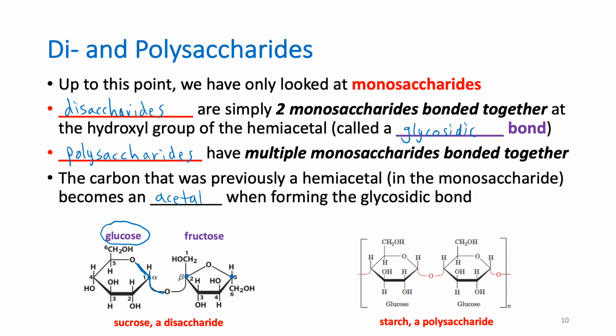Here's starch, a polysaccharide composed of repeating glucose units. You may notice that this anomeric carbon is now an acetal linkage because that no longer is an OH. Okay, so it's repeating. This bond is now called a glycosidic bond.